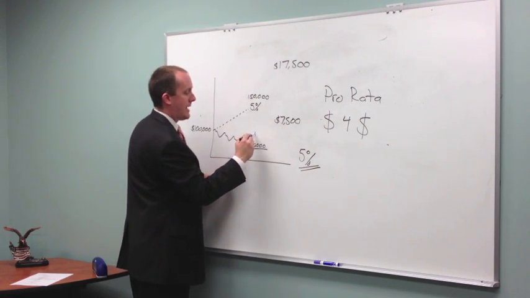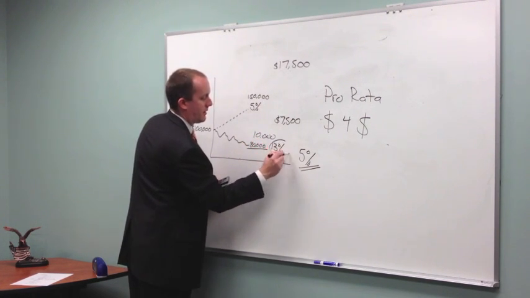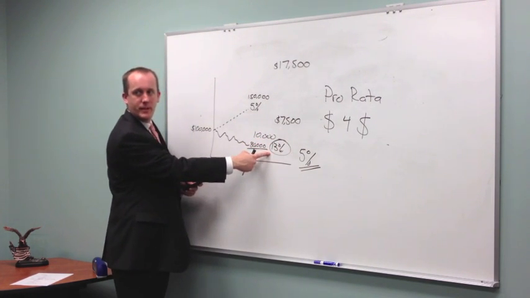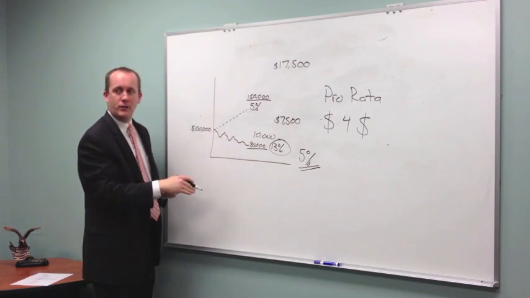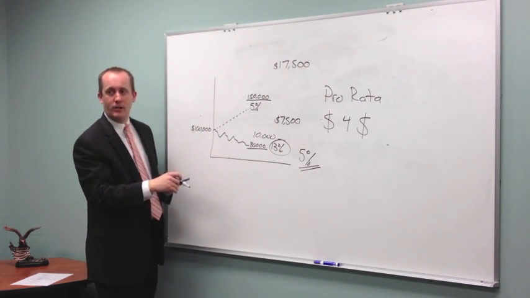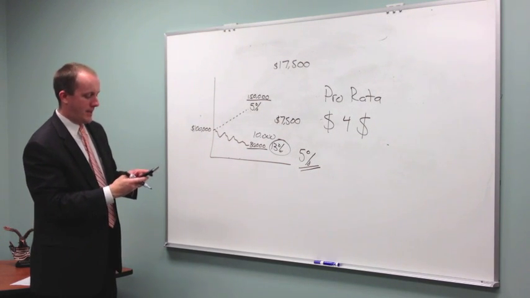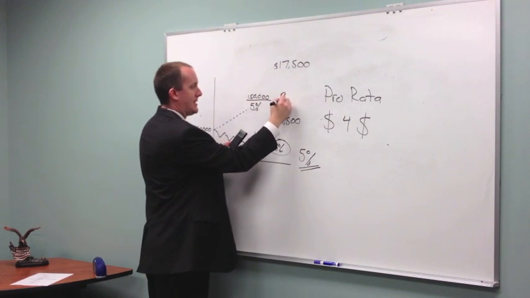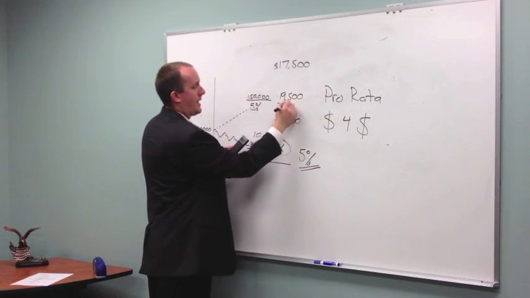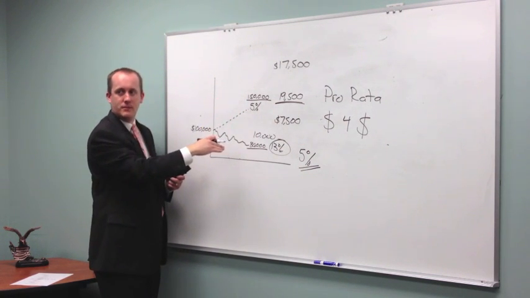So the extra $10,000 is 13% of the account value. That means the benefit base is going to fall by 13% as well. So if we have a $150,000 benefit base times 13%, that's $19,500 of reduction to the withdrawal base.